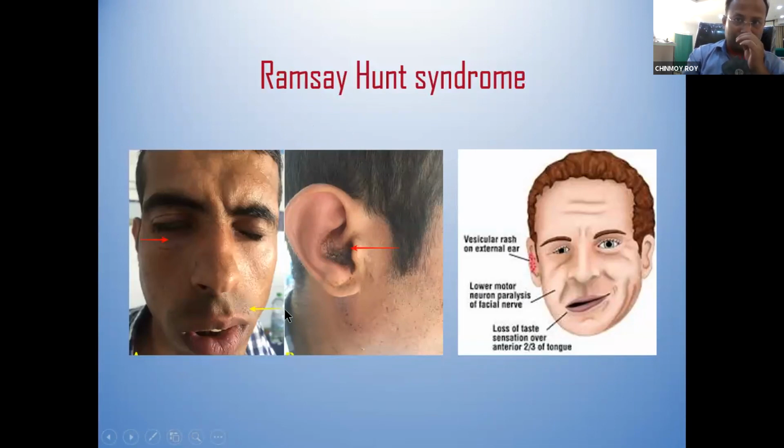There is a triad: zoster vesicles in the ear lobules or in the auditory canal, then one-sided facial paralysis, where the angle of the mouth is directed to the opposite side, and another is tingling of the anterior two-thirds of the tongue. So that is also possible in herpes zoster.